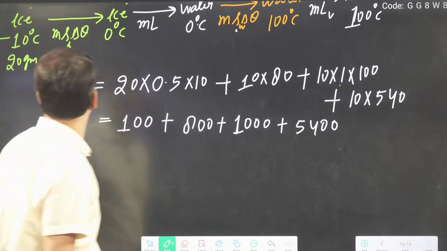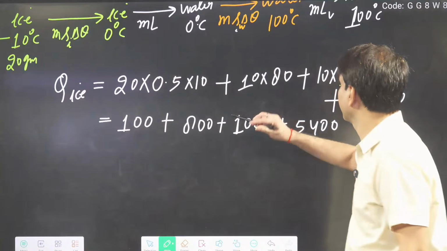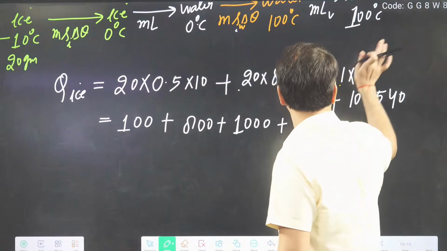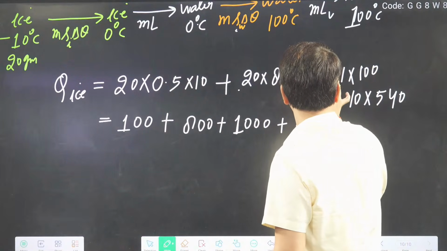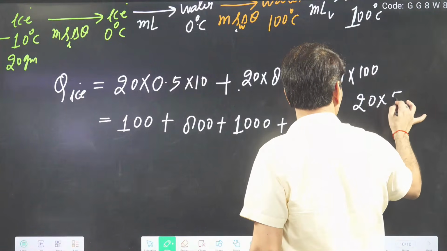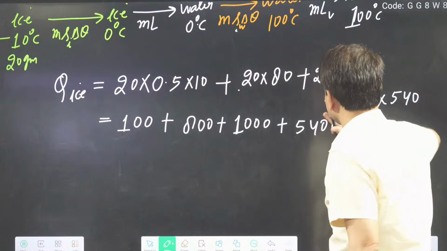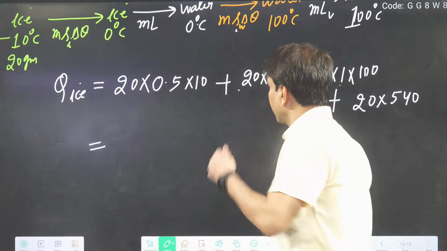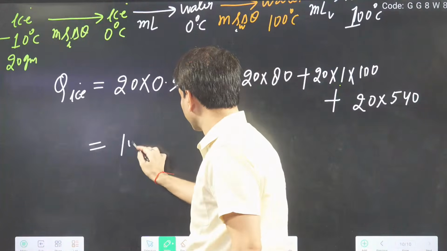Okay, mass is 20 gram. Here I started taking 20. Okay, mass is 20 I gave, no? Then that is equal to what? Here, that is 100. That is okay.